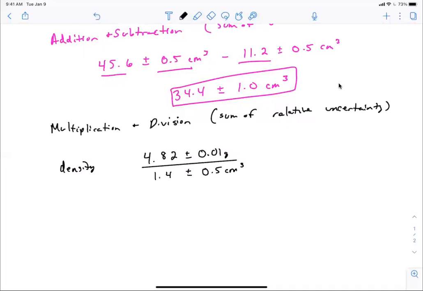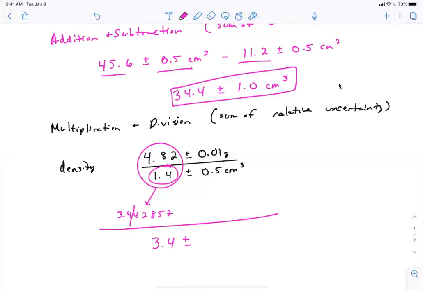Well, this is a twofold problem because you have to first calculate this answer. 4.82 divided by 1.4 gets you 3.442857, but because this only has 2 significant figures, your answer can only be measured as 3.4.